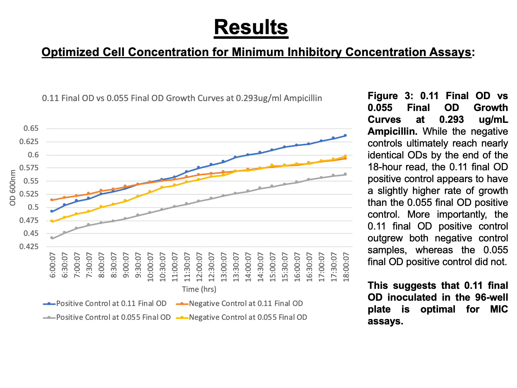However, it was uncertain whether this OD was to be for the mix to be plated or for the final mix in the well plate. So we tested both possibilities and found that 0.11 final OD in the well plate is optimal for these assays. For other labs, it is suggested to match the final OD to that of a McFarland standard.